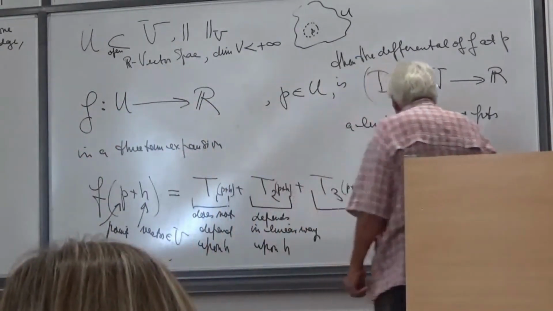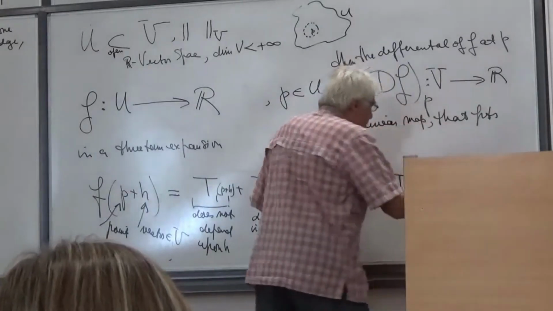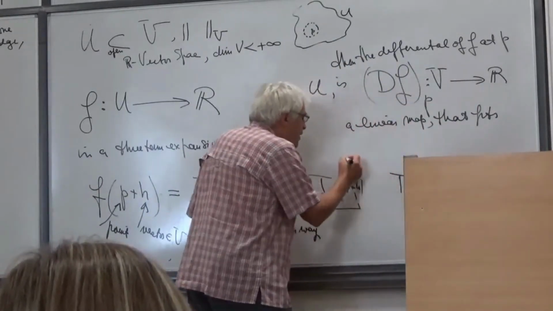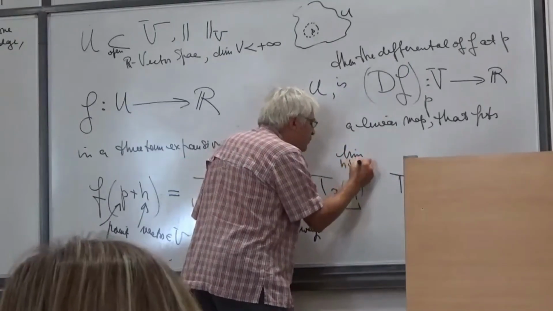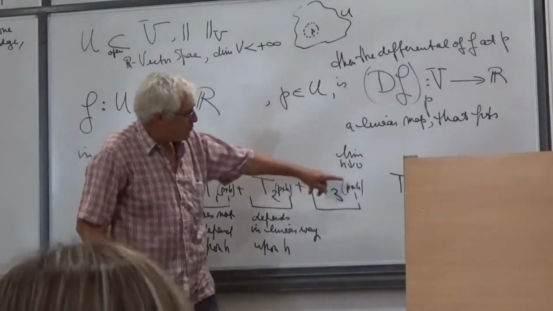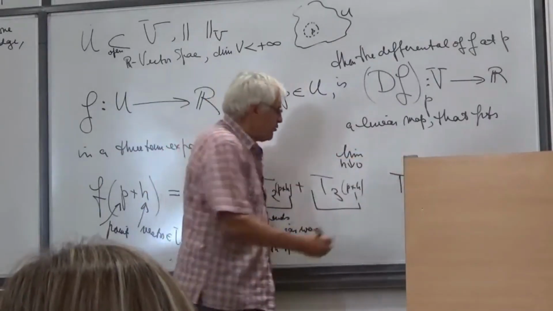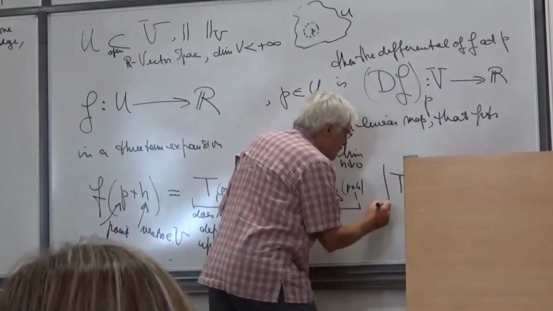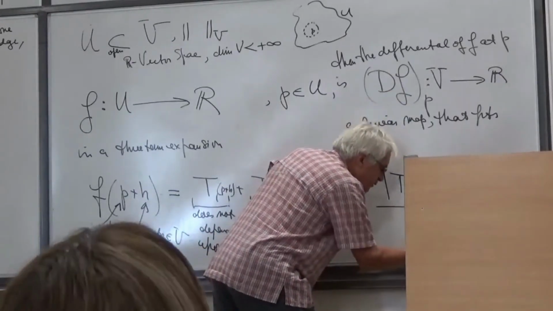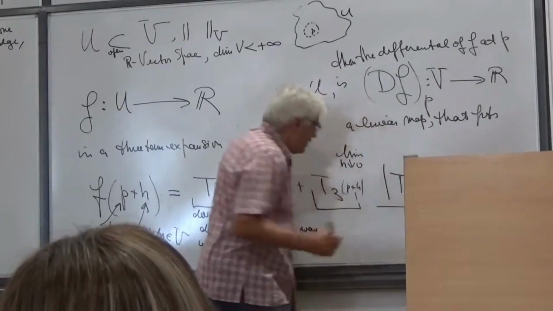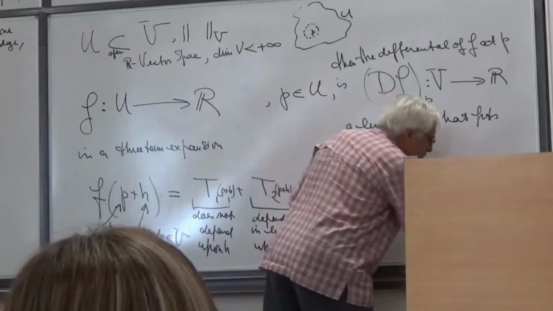So, what I write is that I wish to be short. I take the limit for h goes to 0. So this is a number. So I take absolute value divided by the size of h, the norm of h. And I wish that this limit is 0.